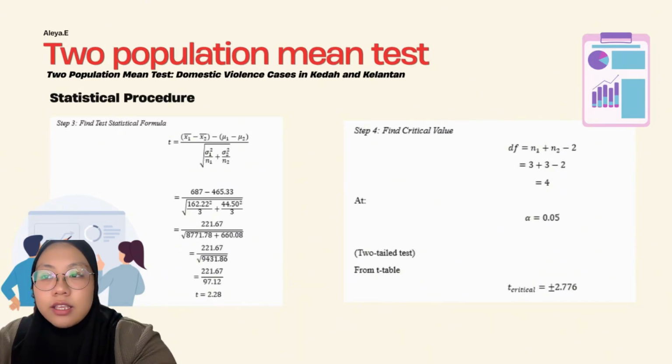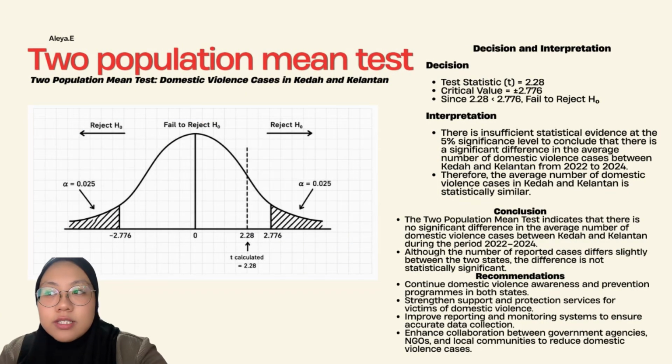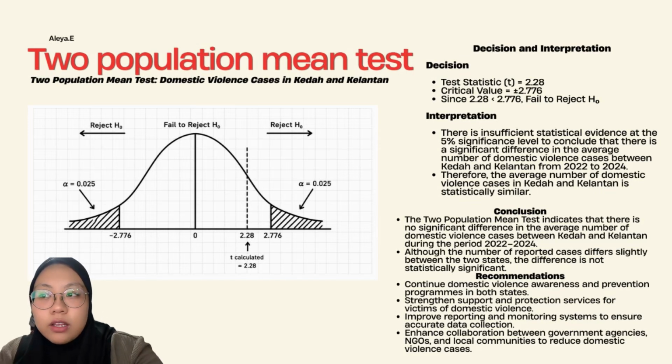The critical value from the t-table is 2.776. Next, for decision, interpretation, and conclusion, the calculated t-value is 2.28, while the critical value is 2.776. Since 2.28 is less than 2.776, we fail to reject the null hypothesis.